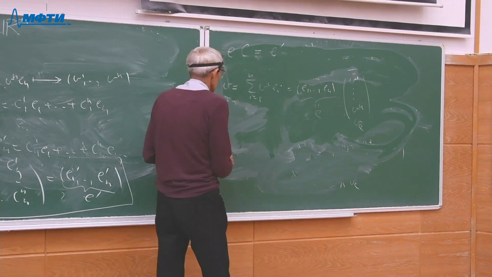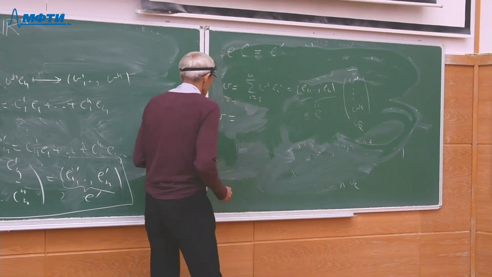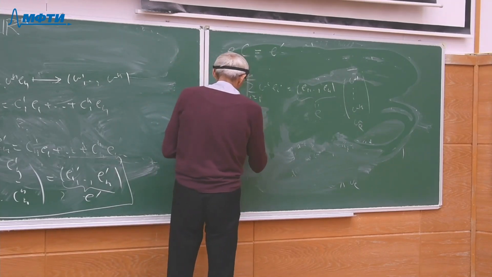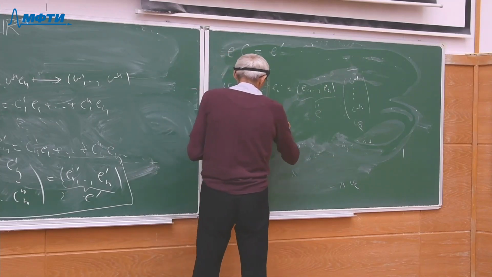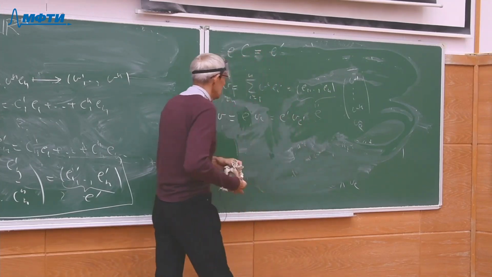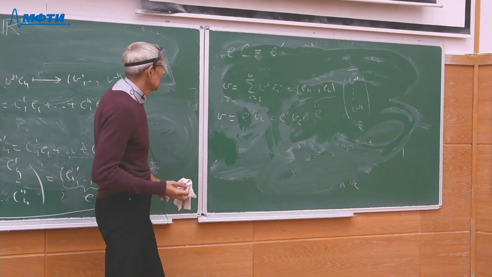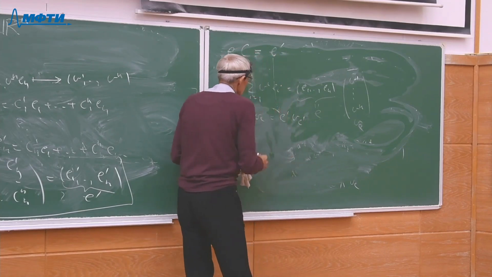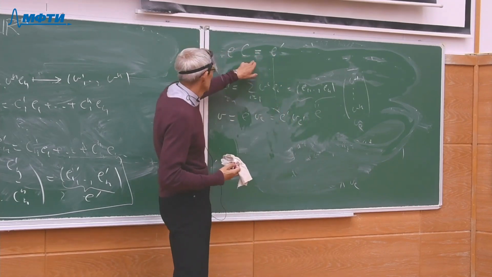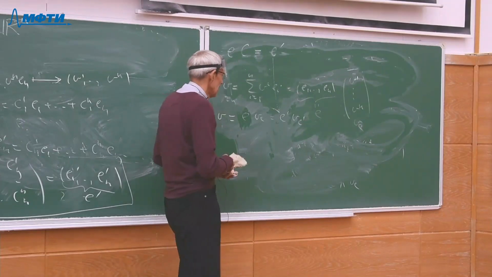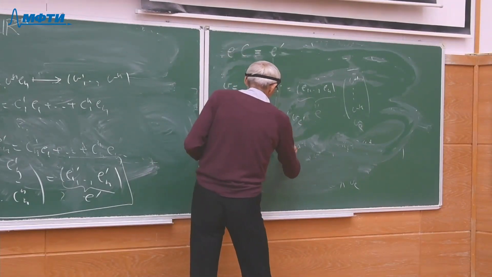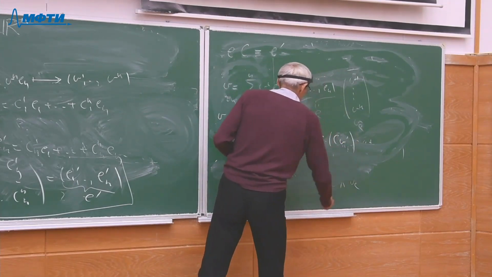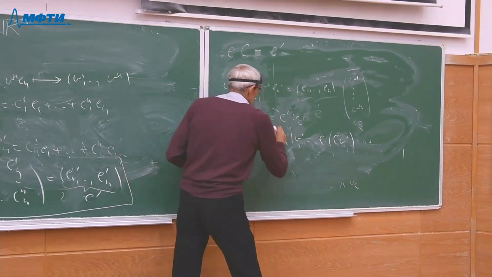After that, I can rewrite vector V using the old basis and the new basis, and I have such equality. After that, I can express E prime in terms of E, and I obtain this equality.